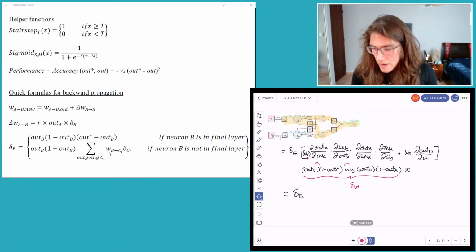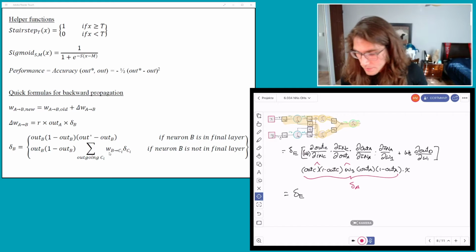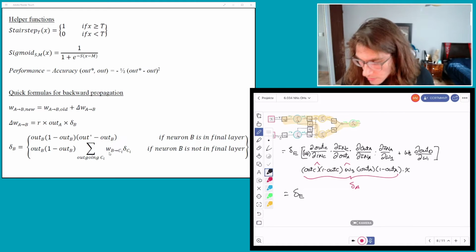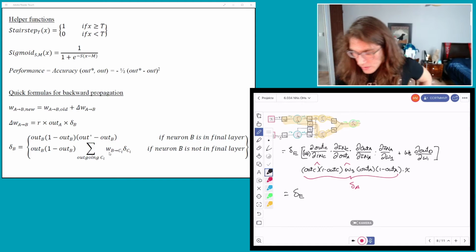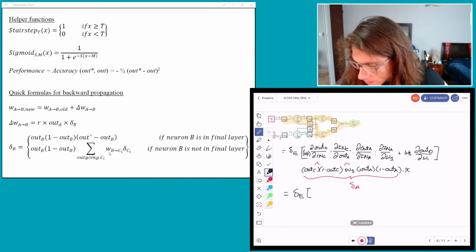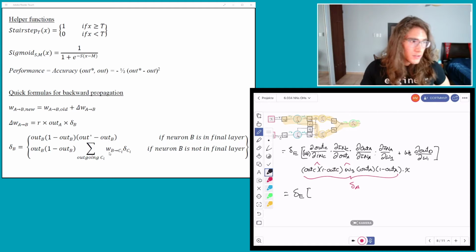I hadn't rewritten it. And then we're going to get W7 times delta E. So we're perfectly on track. And I'm going to bracket it a little bit so that it's easier to see. No pun intended.